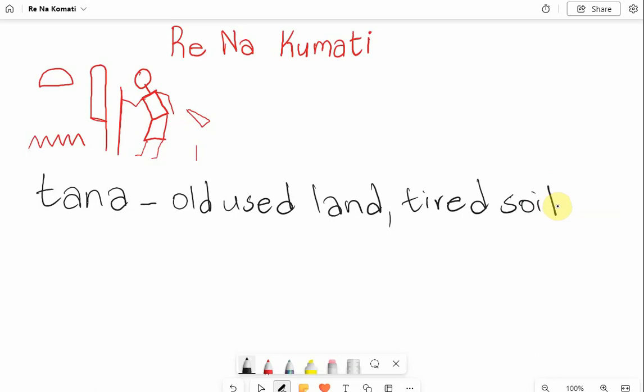Or as they say, spent land, meaning that it's incapable of producing anything. Tona, in this case, with this glyph, it has to do with land, right?